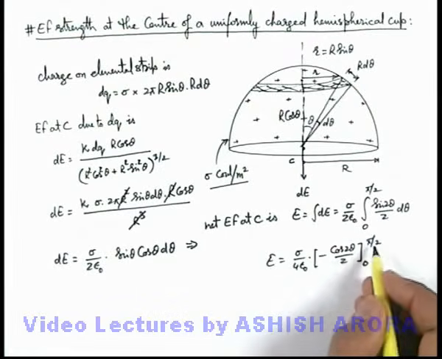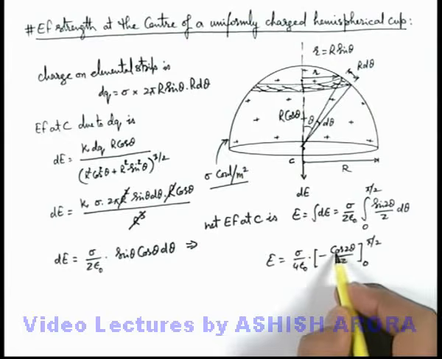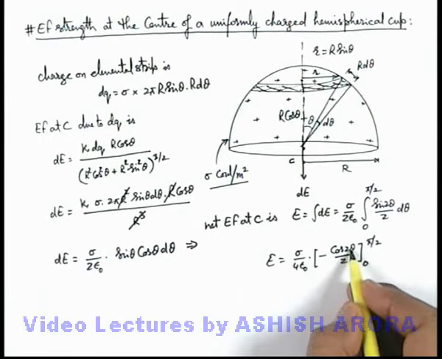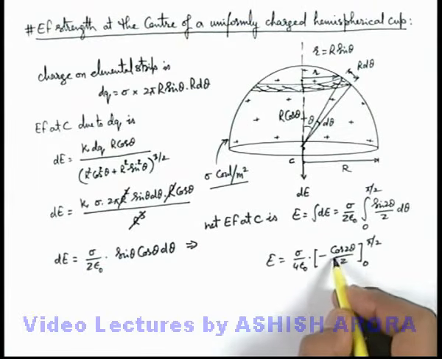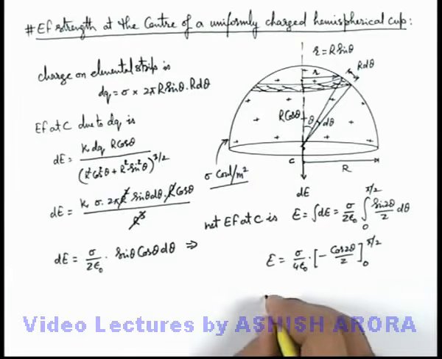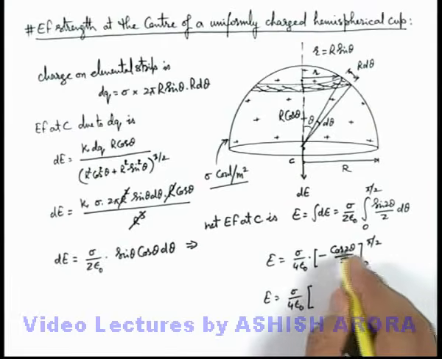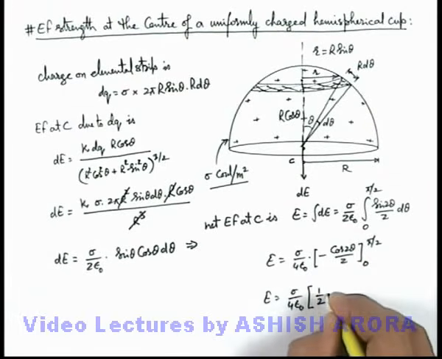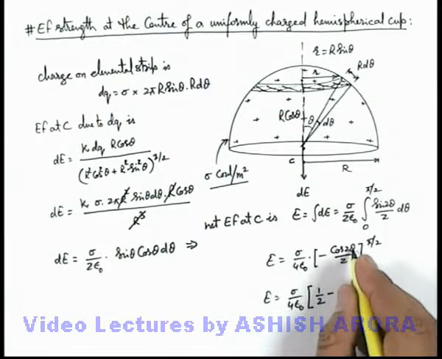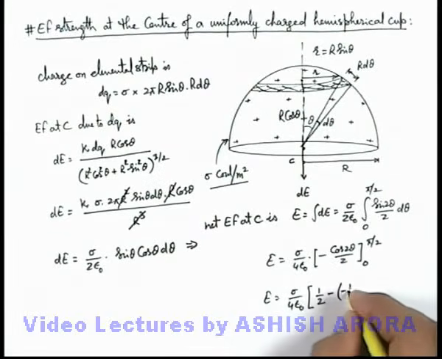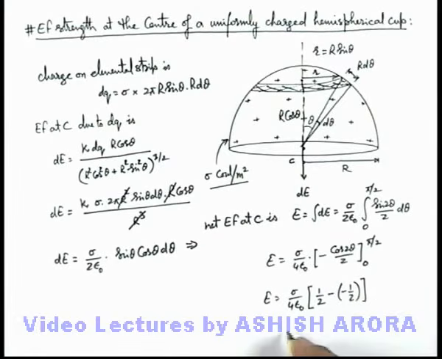If we substitute the limit pi by 2 over here, this will be minus of cos pi, that is minus of minus 1, so it will become 1 by 2. Minus of, when we substitute 0, it will be 1 by 2, so this is minus 1 by 2. Which is 1 by 2 plus 1 by 2 is 1.